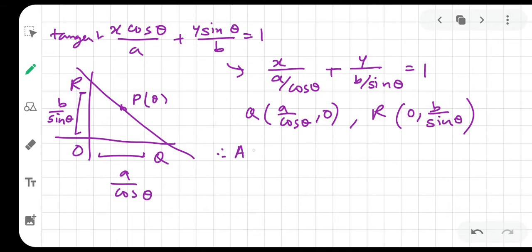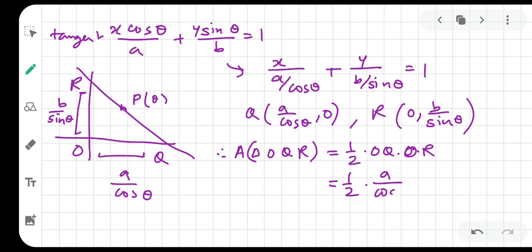Hence area of triangle OQR is half into OQ into OR, which is half into OQ की वैल्यू जो होगी OQ is a upon cos theta and OR is b upon sin theta, which is simply AB upon sin 2 theta.